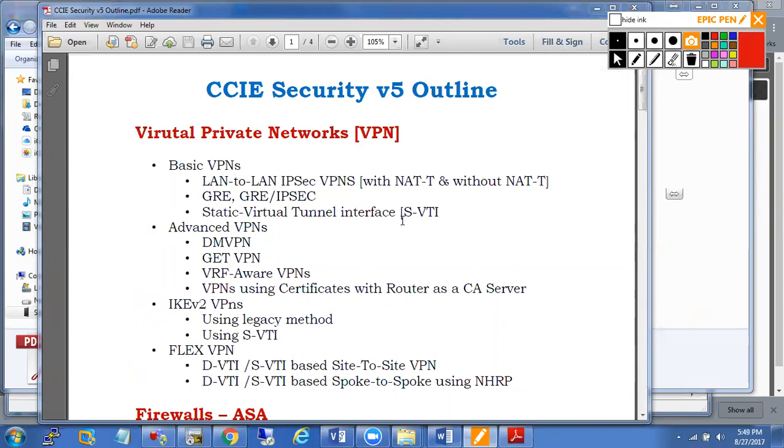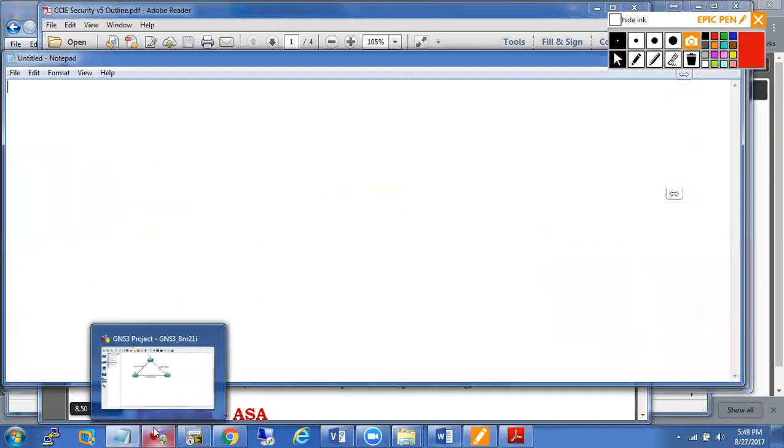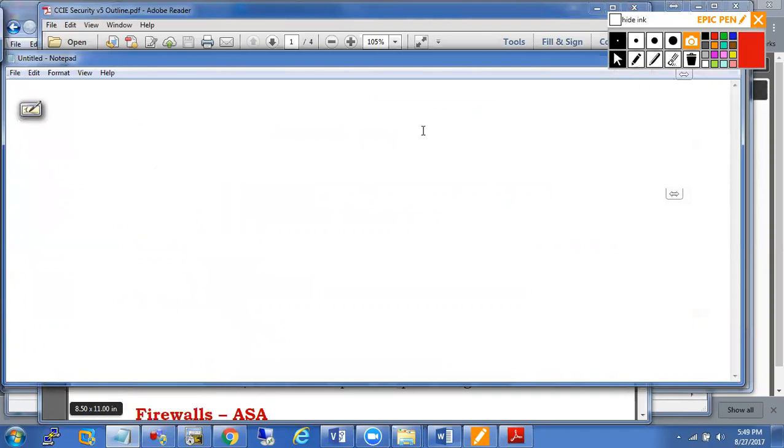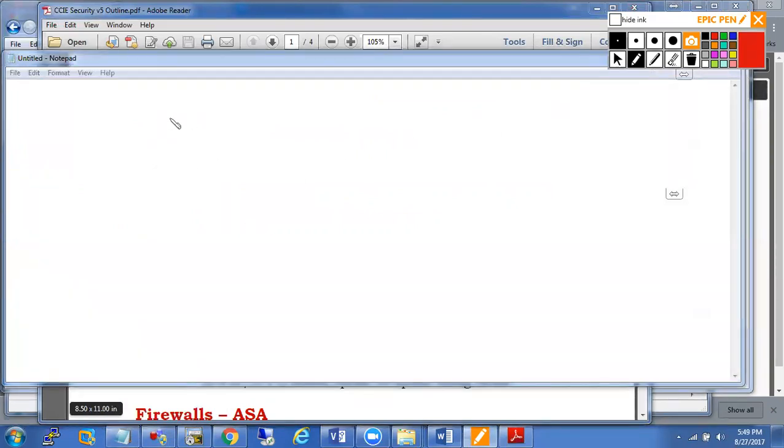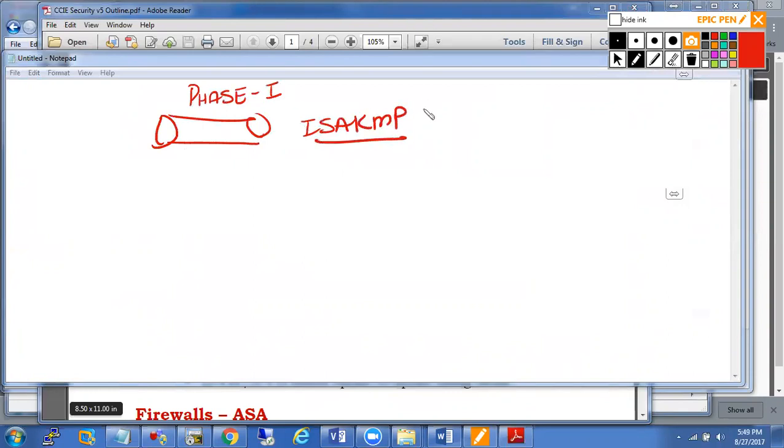All right, brilliant. So with that in mind, let's get started with VPNs using certificates with the router as a CA server. First thing I want you guys to understand about what we're going to be doing with the CA server is that it is only going to pertain to phase one. If you remember, we had two tunnels. Phase one tunnel, which was done by a protocol known as ISAKMP, also now known as IKE version 1.